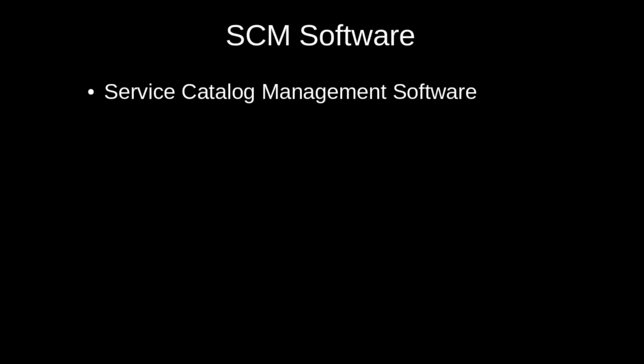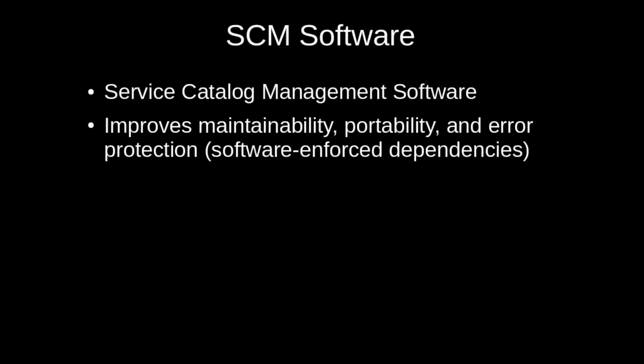Now, with software options for managing this, service catalog management software is going to help you improve the maintainability of your service catalog, and it's going to do that by using the software to enforce things like the dependencies.